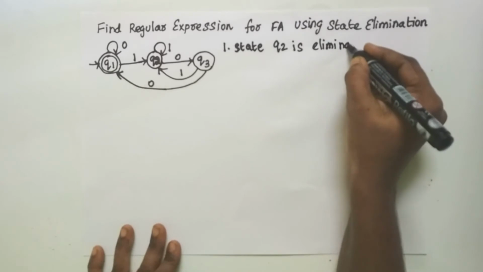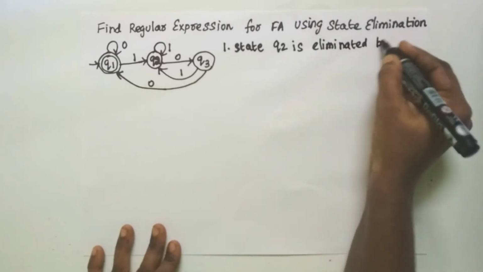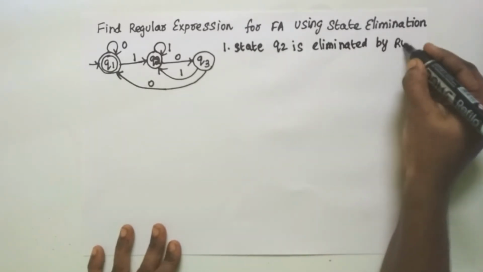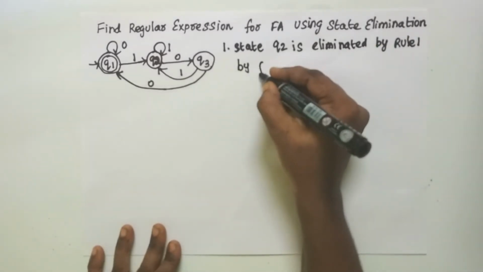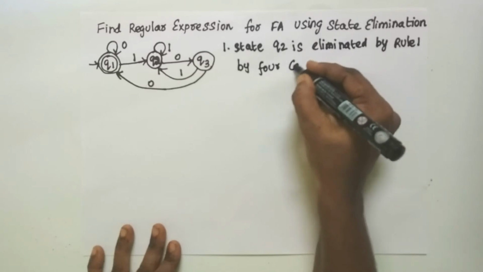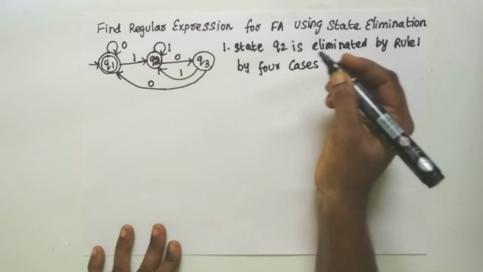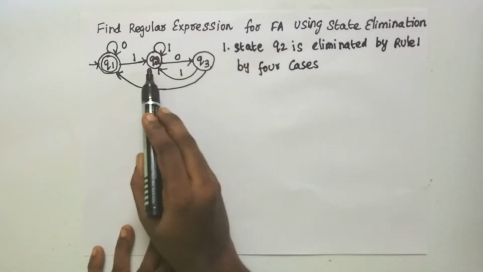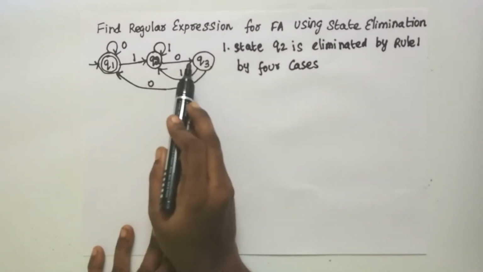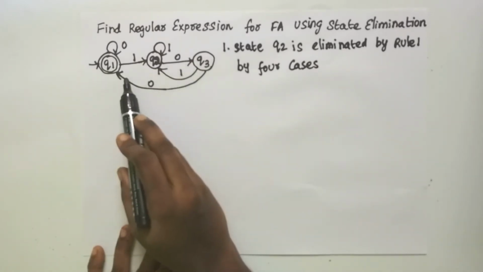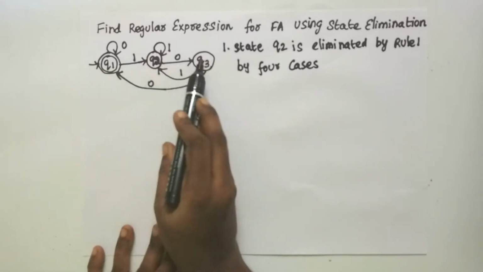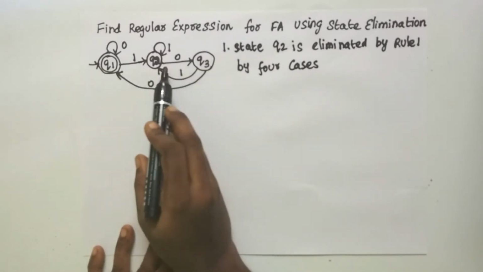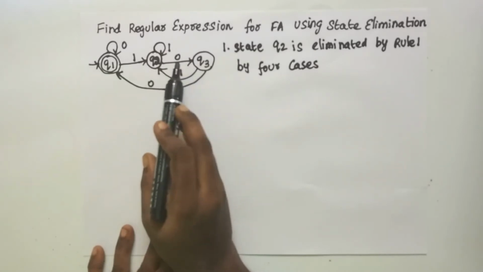State Q2 is eliminated by using rule 1, by considering 4 cases, because this Q2 is involved in this automata in the path Q1 to Q3. The case number 2 is Q3 to Q1. Case number 3 is Q1 to Q1. Case number 4 is Q3 to Q3. So this Q2 is involved in this automata in 4 cases.